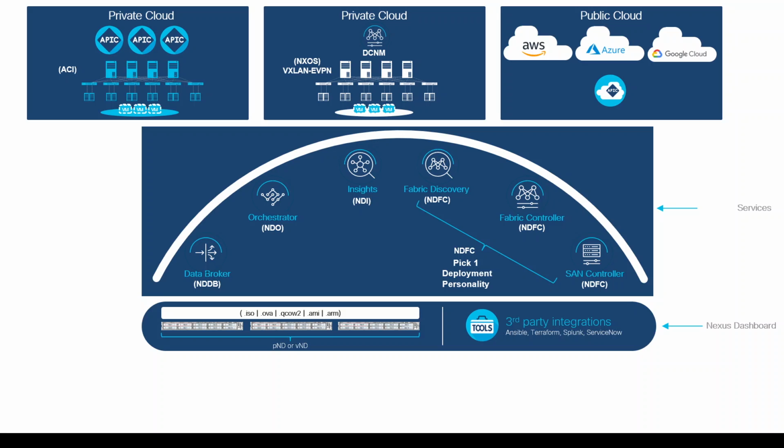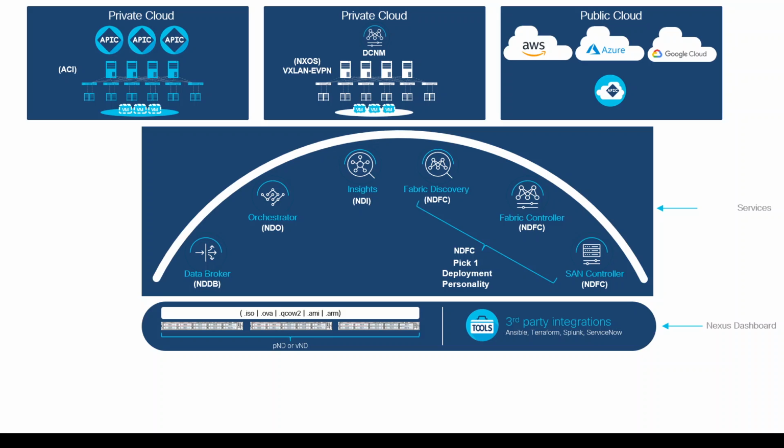And then finally, we've got NDFC, Nexus Dashboard Fabric Controller, and one of its 3 personalities. This allows you to manage LAN, VXLAN, SAN, and/or IP fabric for media. SAN controller can be deployed with or without SAN Insights.